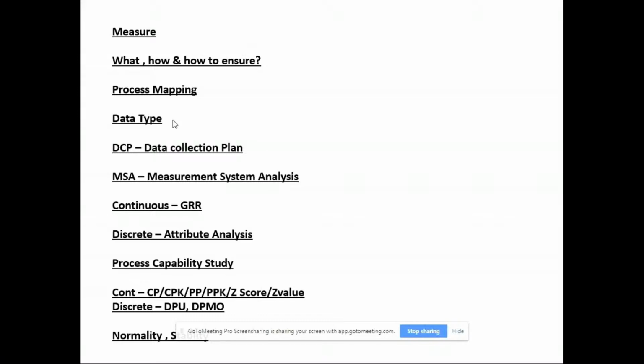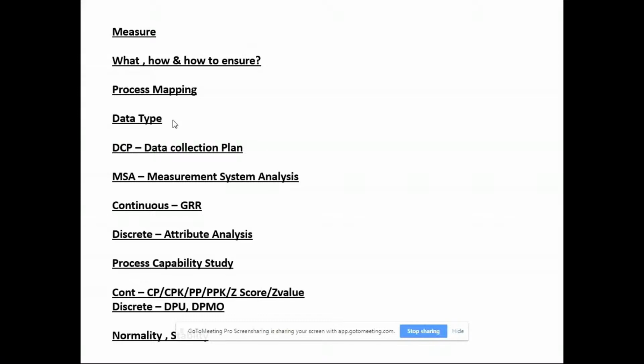And when you do MSA for continuous data, there can be error with the equipment. To find out the equipment error, you do test retest, right? And there are two rules. One is you find out the precision, whether your equipment is precise. So if your standard deviation is less than 1/10 of the tolerance, then you would call your system precise.